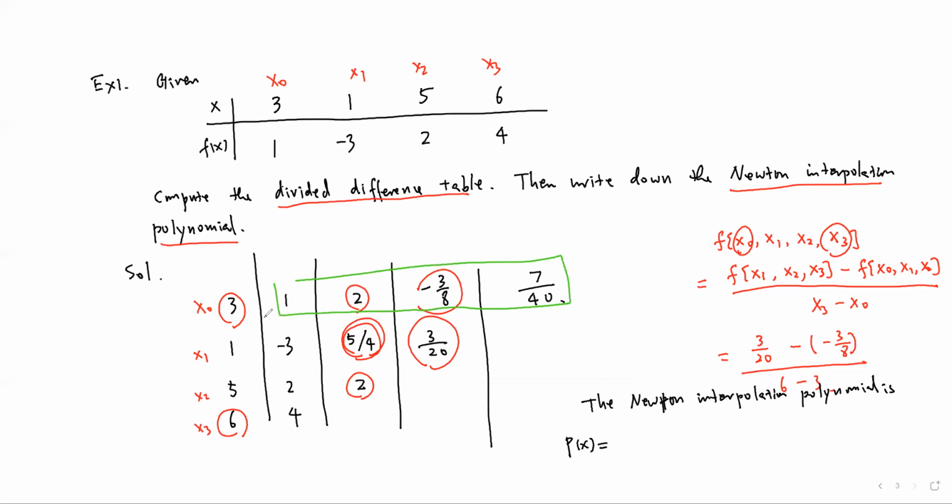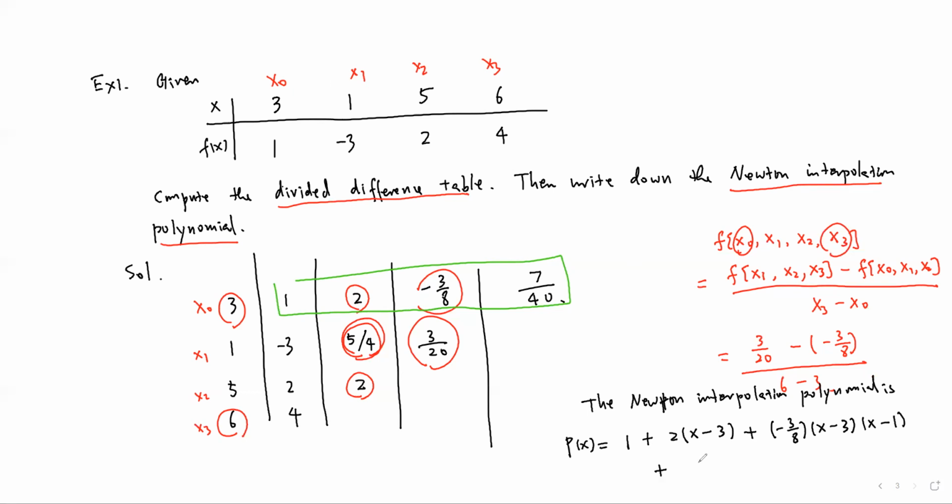The first coefficient is 1, so 1. Then the second coefficient is 2, so 2 times (x minus x0), x0 is 3, so (x minus 3). Then plus the next coefficient times (x minus x0), 3, times (x minus x1), x1 is 1, so (x minus 1).